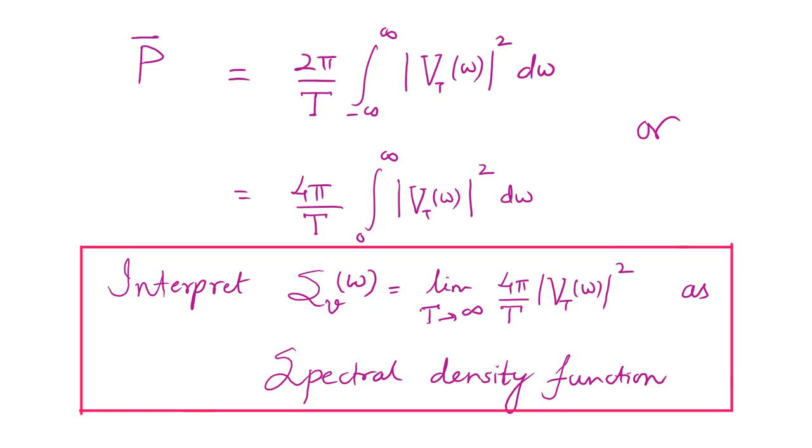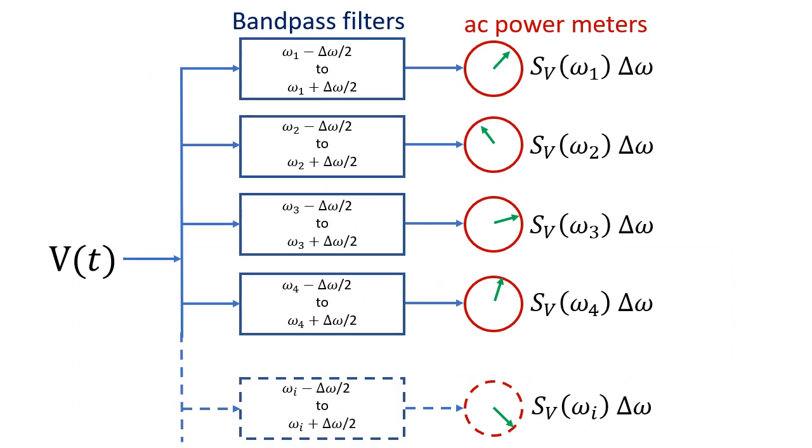So this is our definition of the spectral density function, and let us see how it looks pictorially. You should think of it like this: my V of t is my input signal, right? I can put this input signal through various bandpass filters, which are breaking up the spectrum into various bins. The first bin is centered at omega 1 and has a width of delta omega, right? Second bin at omega 2.